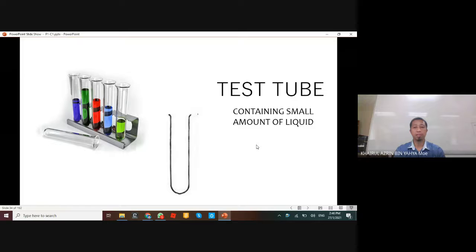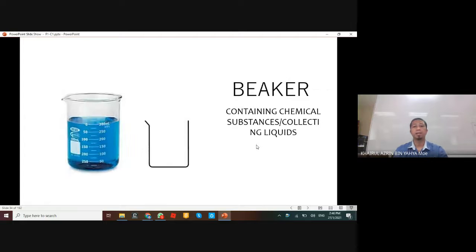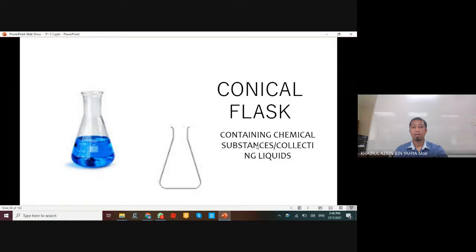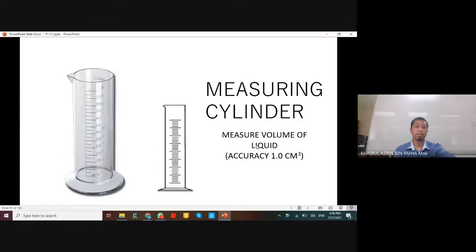So, common laboratory apparatus. You need to know the names. First one is the test tube, containing a small amount of liquid, small only. This is a beaker, containing chemical substances and collecting liquids. Conical flask, containing chemical substances and collecting liquids.